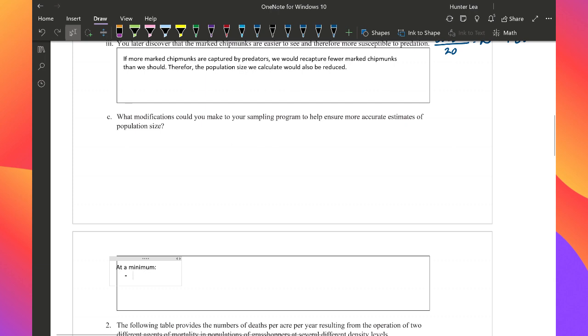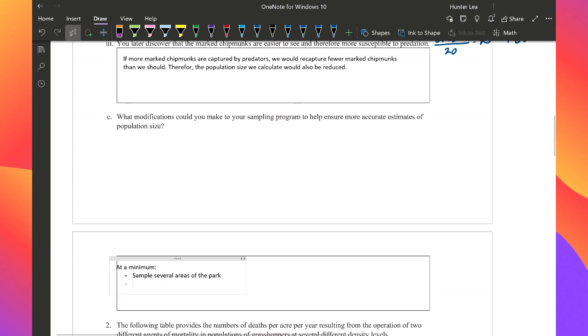We're basically breaking down the issues from the previous 3 questions and discussing how we could address them. The first one, we discovered that we sampled an area of the park that was favored by the chipmunks, and so our estimate was really high. We can solve that by sampling more areas of the park.